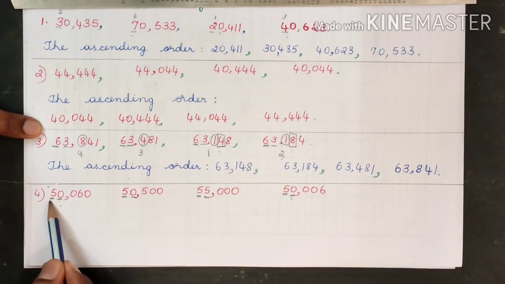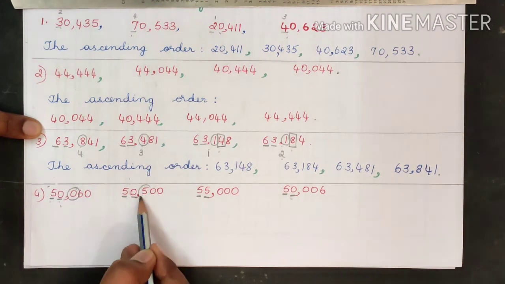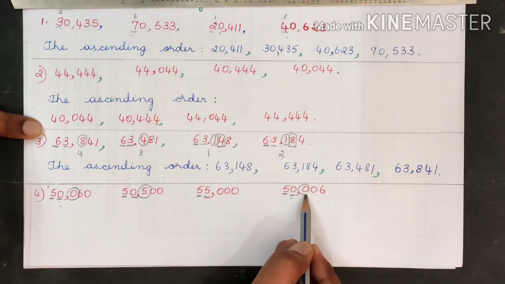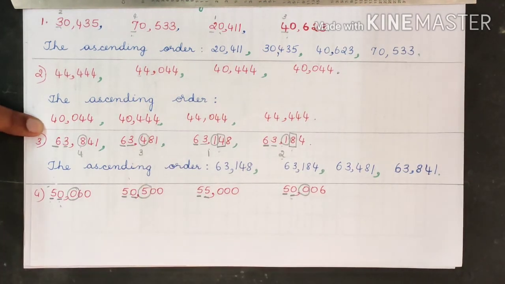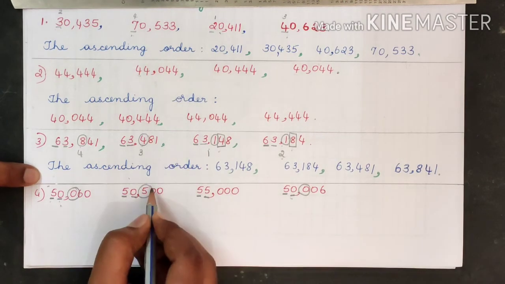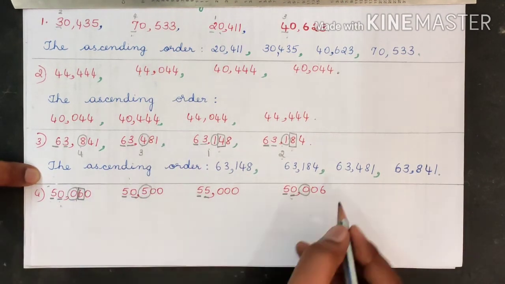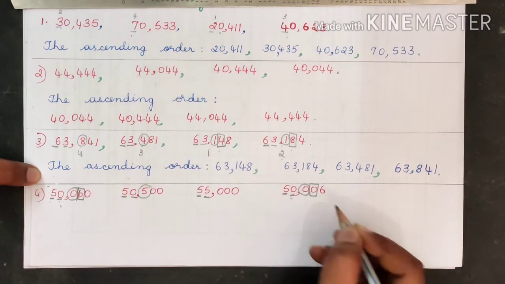When thousands and 10,000s are same, we have to compare hundreds. 0 hundreds, 5 hundreds, 0 hundreds. Again 2 numbers, zeros are same. What to do? Compare tens. We have 6 in tens place and 0 in tens place.